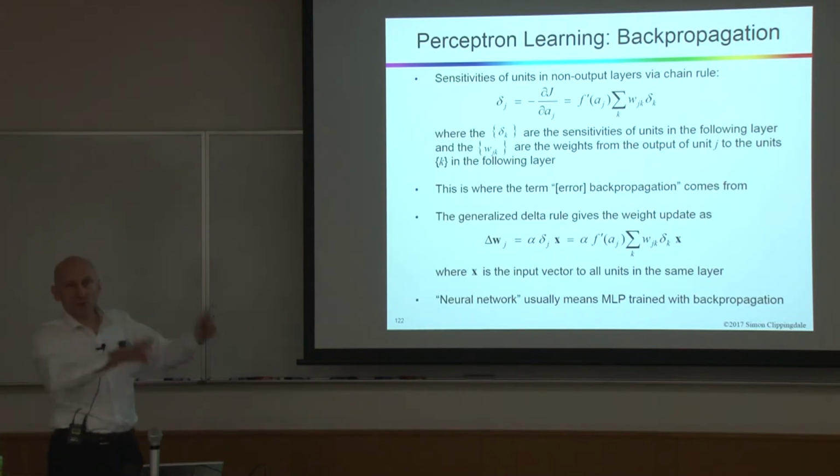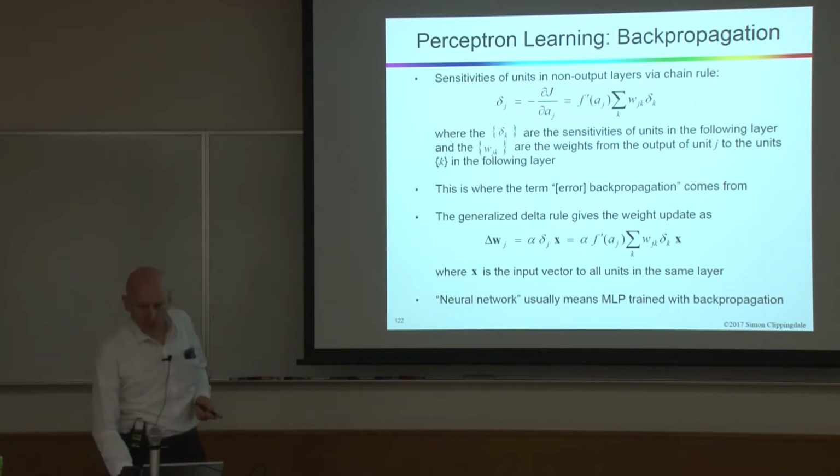So you throw all your training data at the network, so X takes on the value of each of the input vectors, and you compute the weight update for each of those. So that's how that works. When people say neural network, they normally mean a multi-layer perceptron trained with backpropagation. This is usually what neural networks mean.